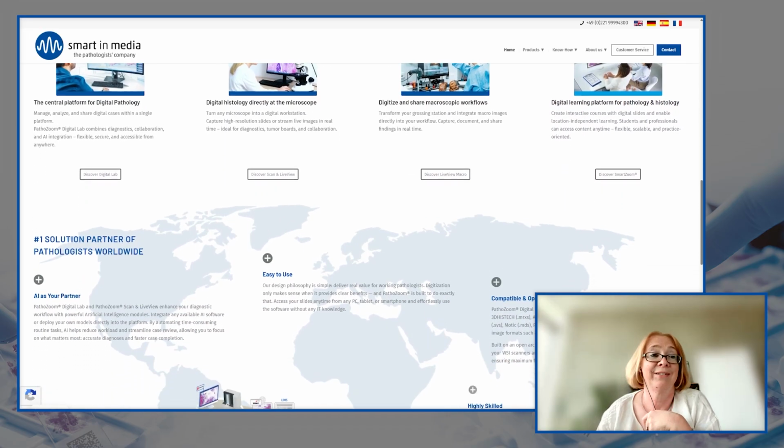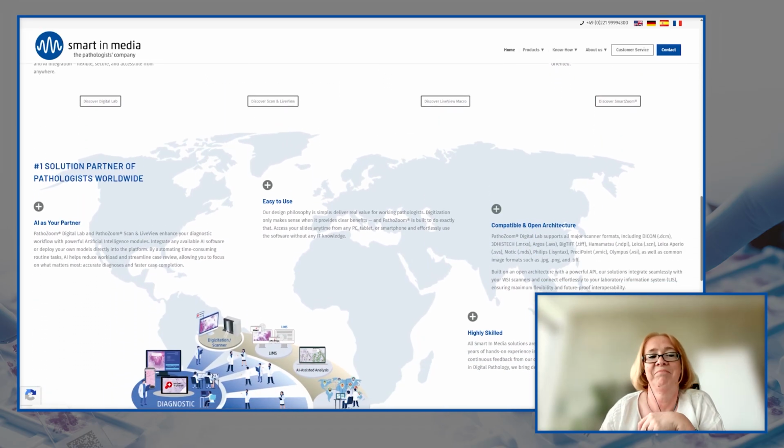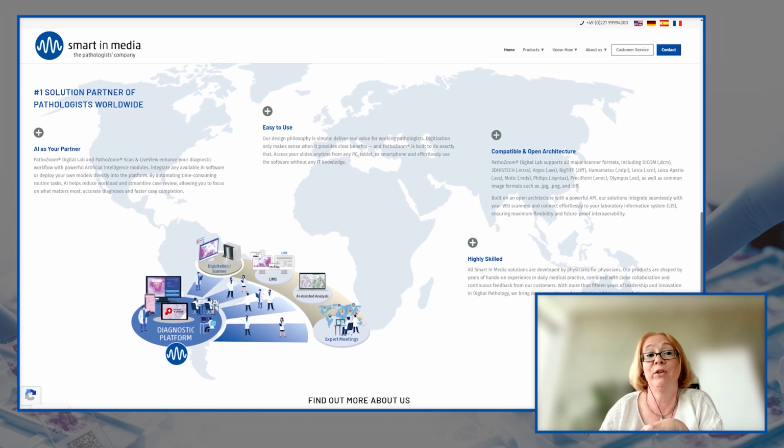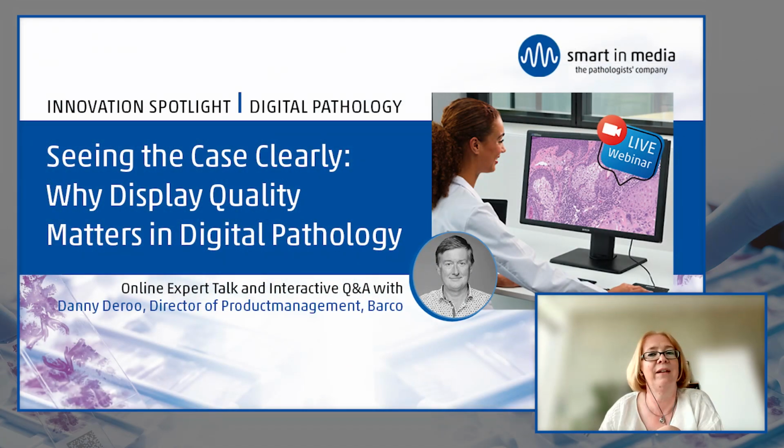We see every day that successful digital pathology is never defined by one component alone. It's not only the scanner and it's not only the image management system. It depends on how all the individual elements of the workflow work together. And that is exactly why today's topic, the monitors, matters to us.